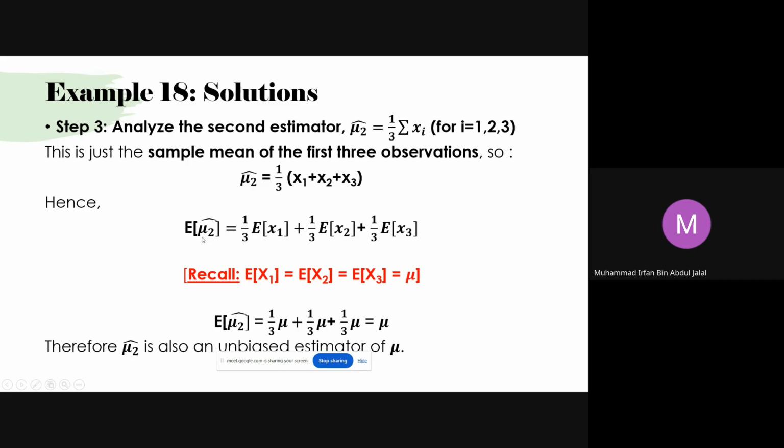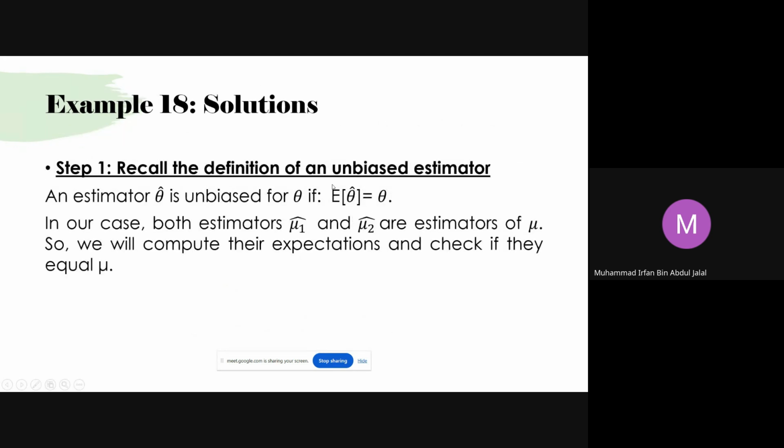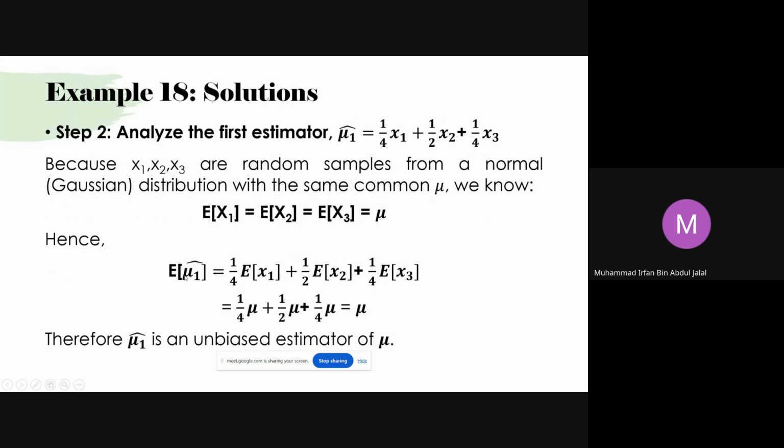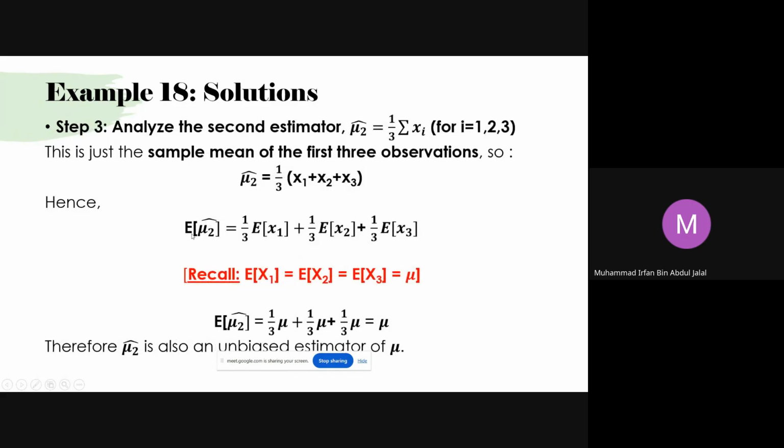So again, the expectation of the second estimator will be equal to mu because it also fulfills this property here, because the expectation of the second estimator equals mu here, and the actual theta is also mu. So therefore the second estimator can also be considered as an unbiased estimator of mu.